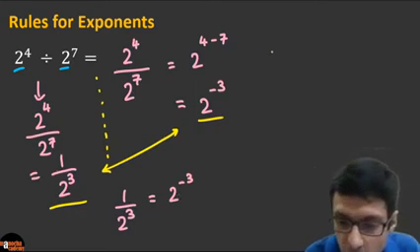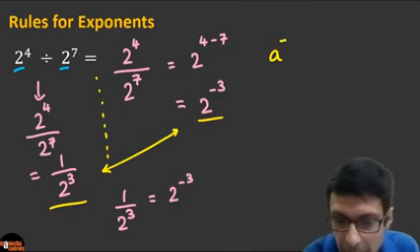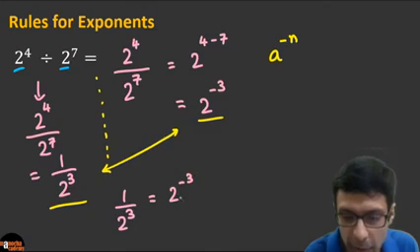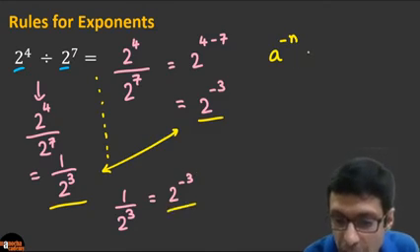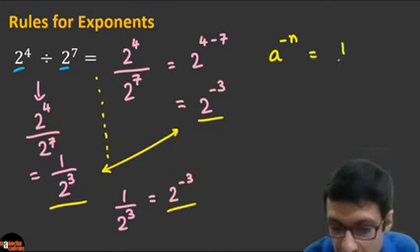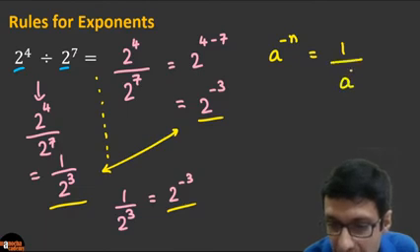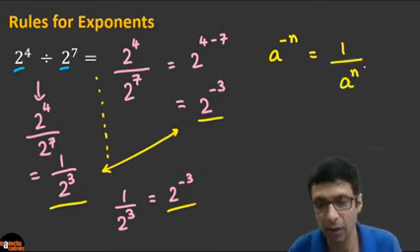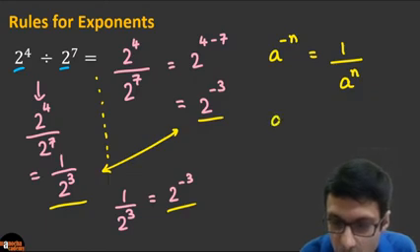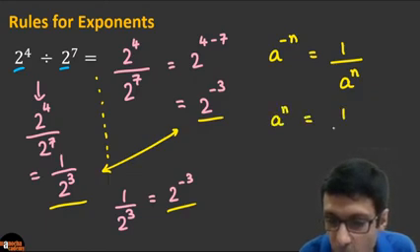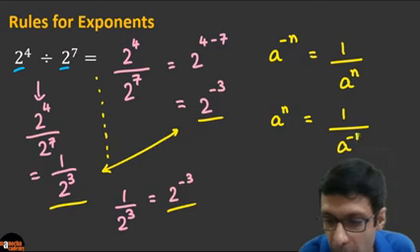So how do we write this rule? That if you have a to the power minus n, right? Okay, so if you have 2 to the power minus 3, if you have a to the power minus n, it's basically 1 by a to the power n, right, guys? Or we can write it as a to the power n is equal to 1 by a to the power minus n.